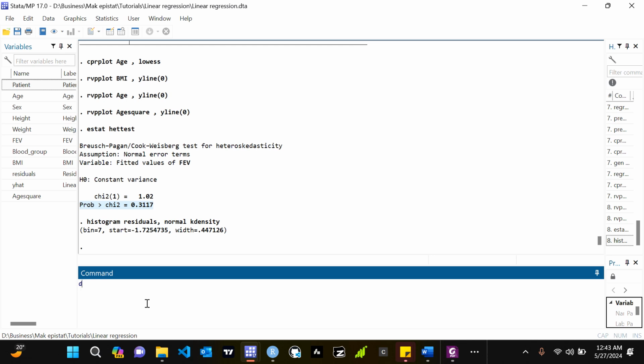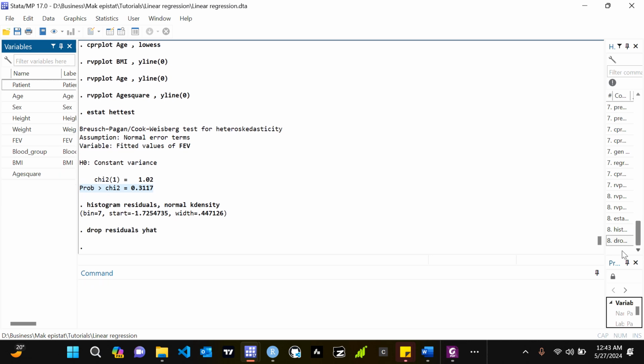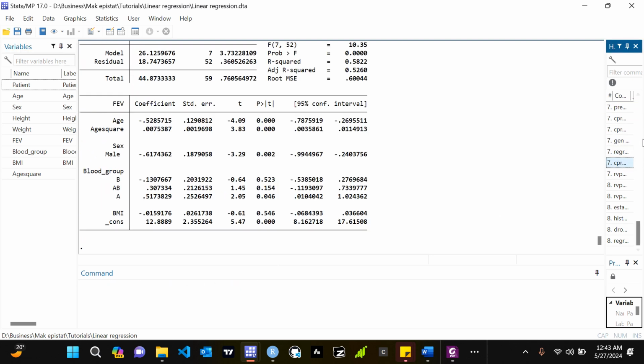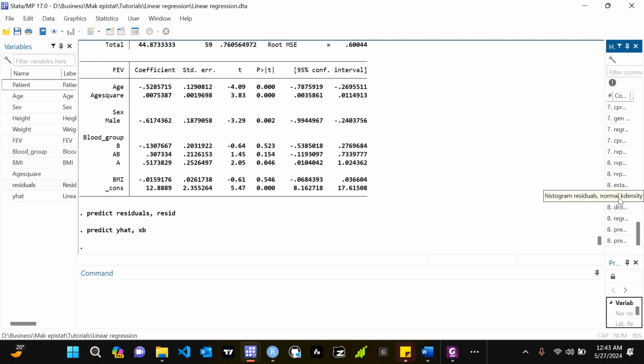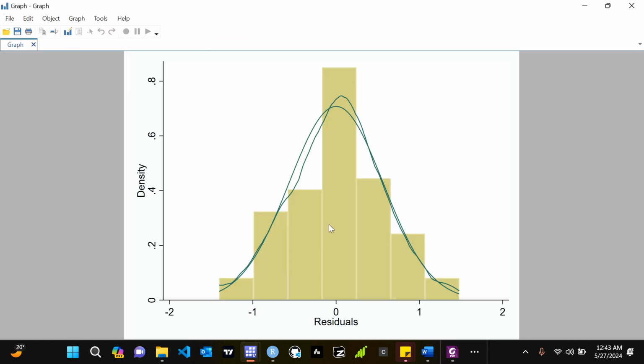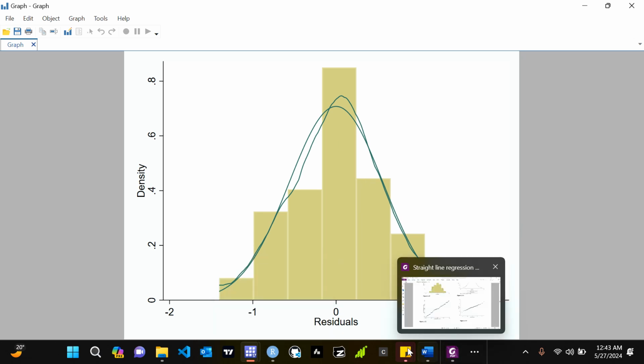So we have to first drop these residuals and predict the different residuals when we included the higher order term. So we can predict the residuals and the y hat. If we go ahead and do a histogram, you see now that it's different. It's a very beautiful histogram which shows a normal distribution.